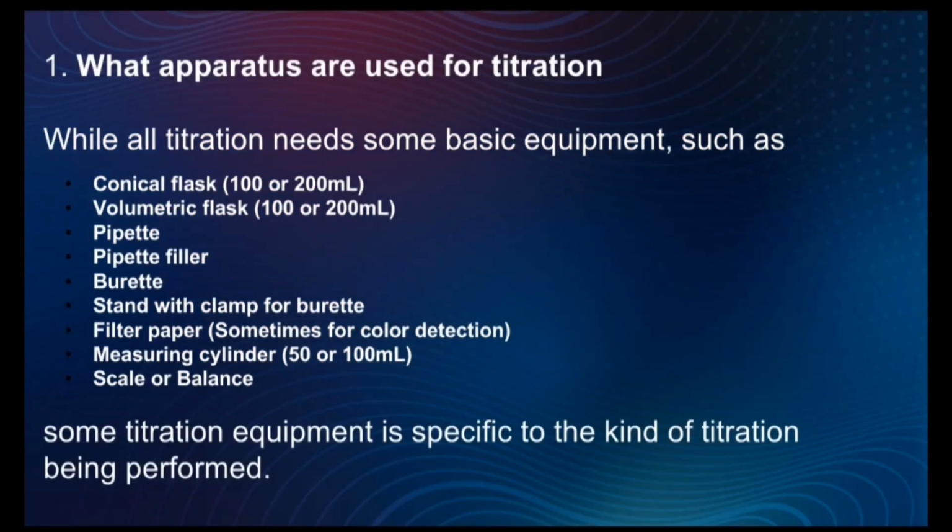The question is, what apparatuses are used for titration? While all titrations need some basic equipment, such as the conical flask, 100 or 200 milliliters, volumetric flask 100 or 200 milliliters, pipette, the pipette filler, the burette, stand with clamp for burette, filter paper, which is sometimes for color detection, measuring cylinder 50 or 100 milliliters.